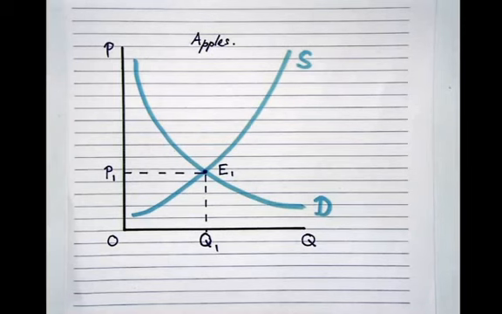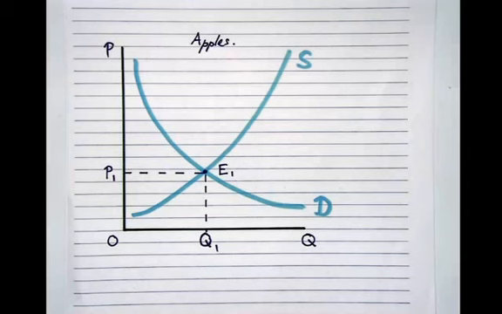So they think in their mind, if the quality of apples has gone up, the price of apples would increase. Therefore, suppliers would want to sell more, and they decide to shift the supply curve to the right. That sounds sort of logical, doesn't it? Quality of apples has gone up, so they infer, therefore the price will go up, and if the price goes up, supply should shift to the right.